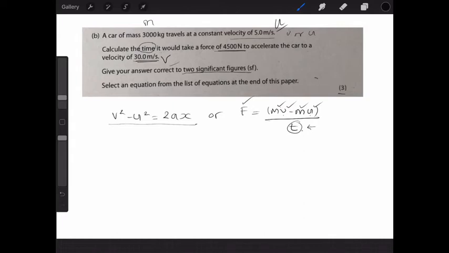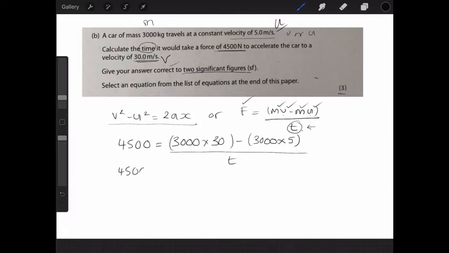So substituting in everything I know, the force, 4,500 newtons, all in standard units in the question, so I haven't got to convert any, is 3,000 kilograms times the final velocity, 30. And I've got to take that away from the same mass times the initial velocity, which was only 5, because it's speeded up, it's accelerated, so the final velocity is higher than the initial velocity, and that's all going to be divided by time.